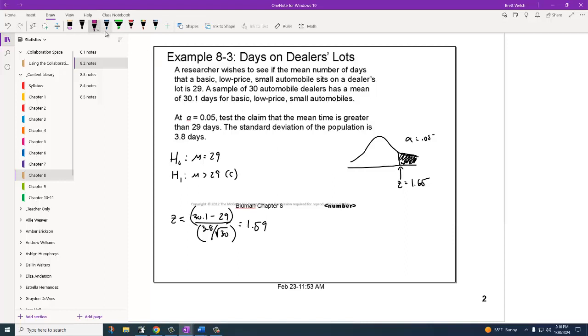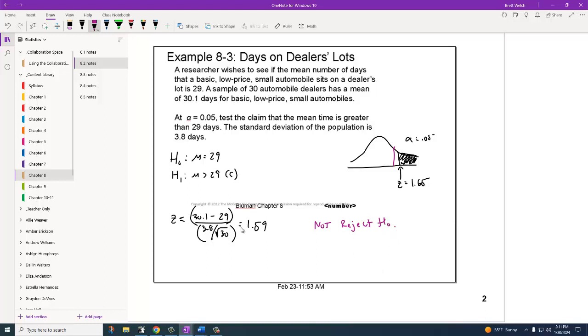in my bell curve over here is going to land before we get to 1.65. So that would be a non-rejection region. So the next step would be to make a decision, and we will not reject the null hypothesis.